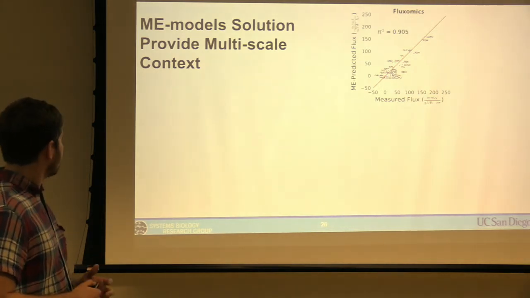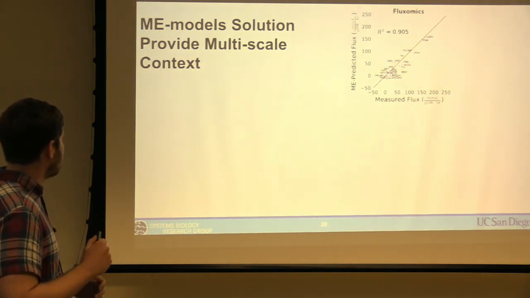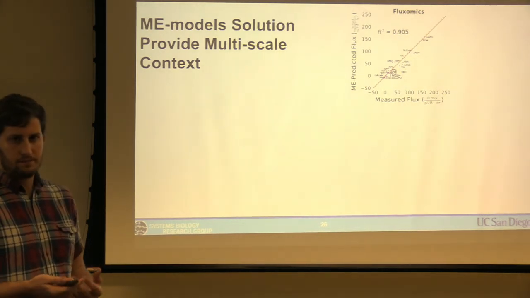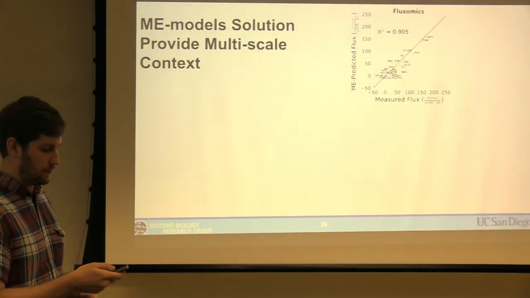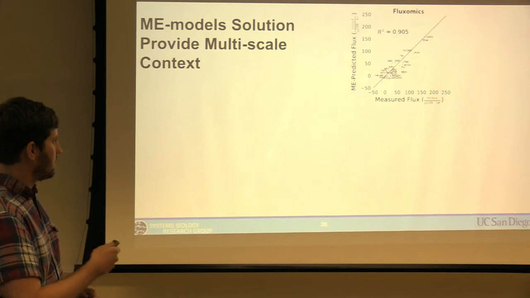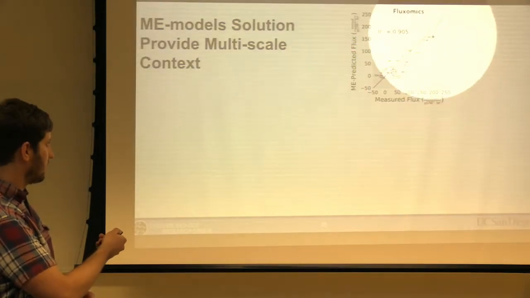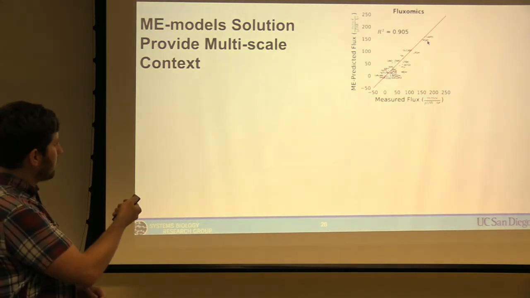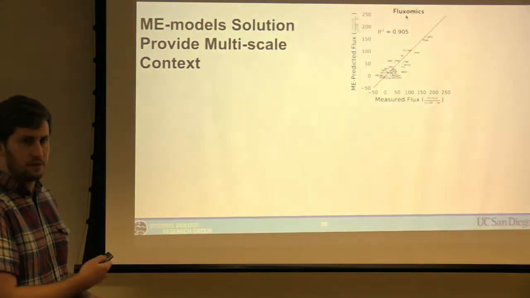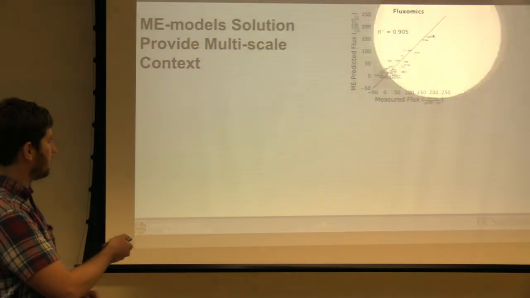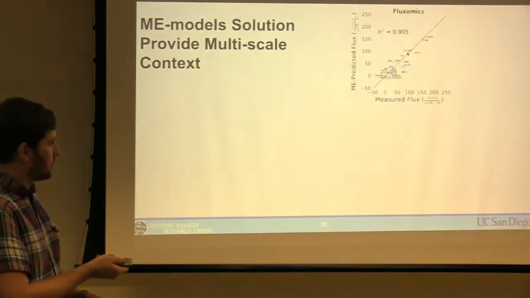Another thing that's very interesting about ME models is they provide a multi-scale type of context for every simulation. So just like an M model simulation, we're obviously going to have predictions of all the different fluxes through all the different reactions, which can be validated from different types of fluxomics data, and the ME model captures those predictions pretty well.